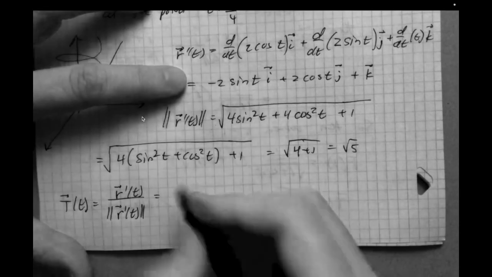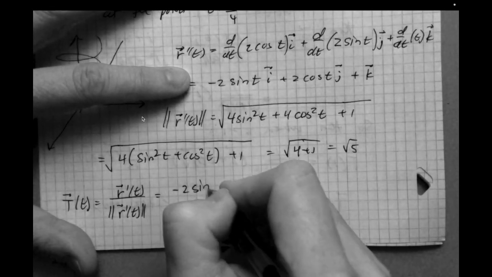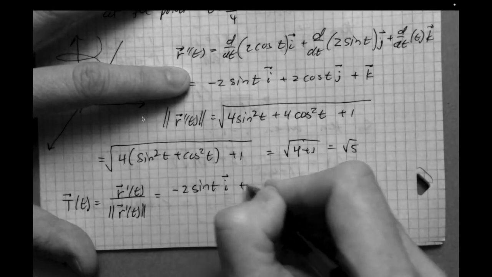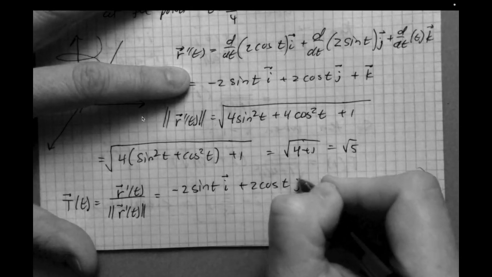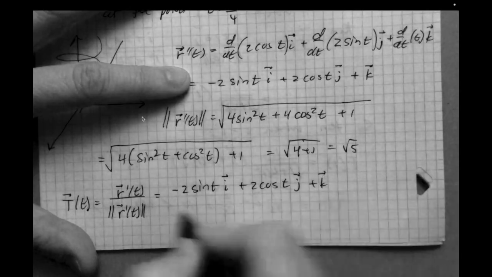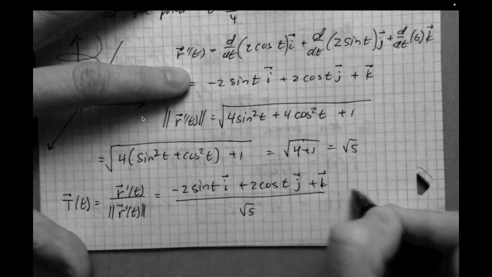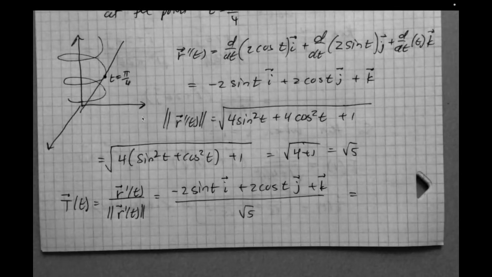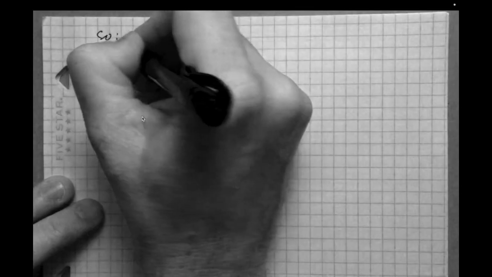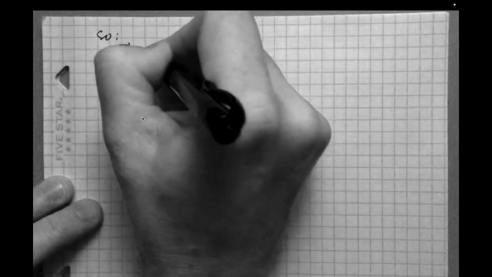Okay, so the derivative was negative 2 sine of t times i plus 2 cos t times j plus k, all divided by the square root of 5. And let's flip the page here. So basically we have this now.